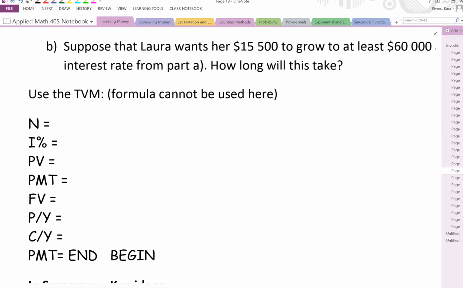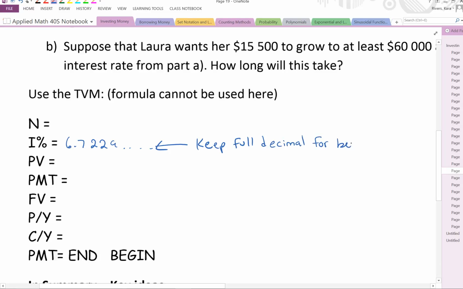So you're going to take your answer, and you had that answer in as 6.7229 and so on. Leave that in. And that'll give you better accuracy.